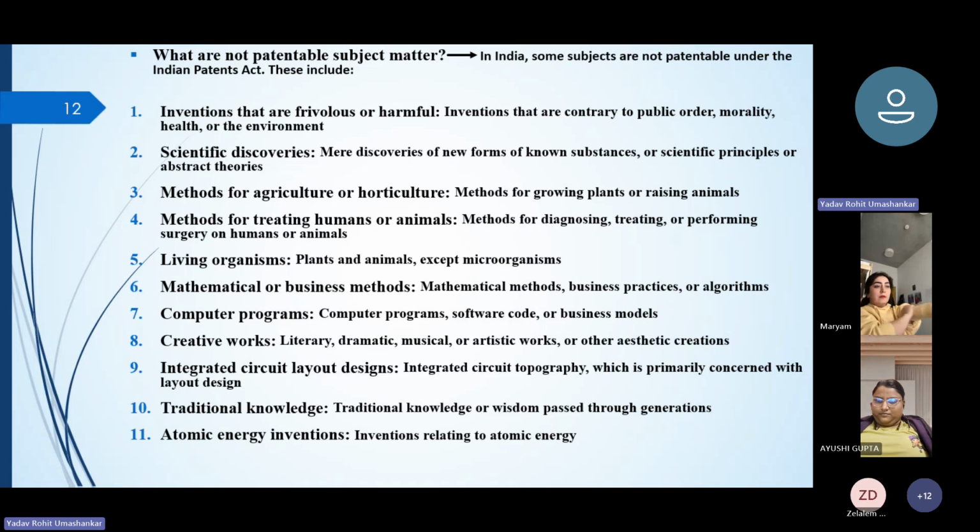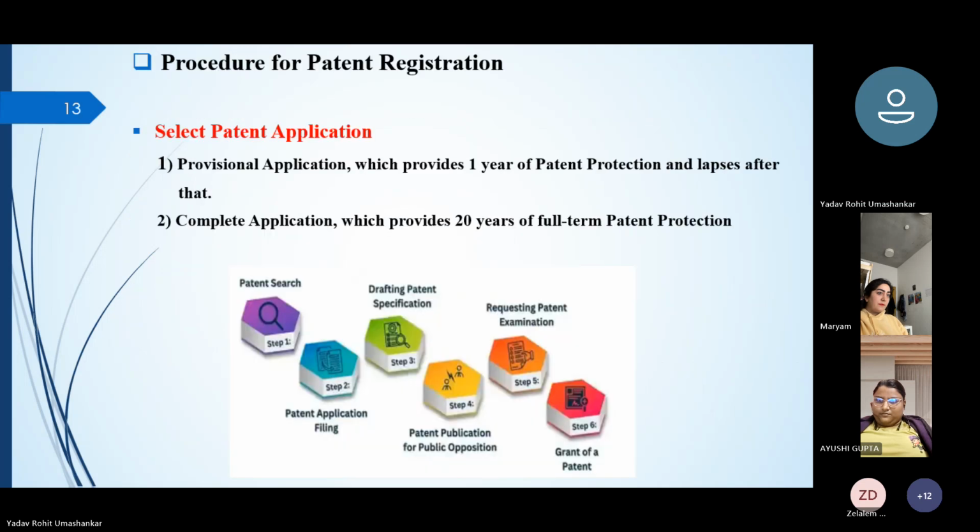And atomic energy inventions, inventions relating to atomic energy, like the invention of an atom bomb or hydrogen bomb; these kinds of things are prohibited under the patent act law. So these are the things which cannot be patented. You can find these in section 3 and section 4 of the Indian patent law.